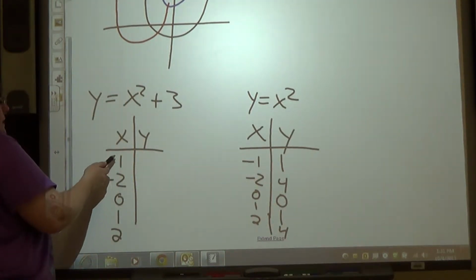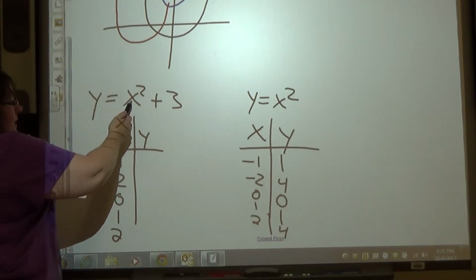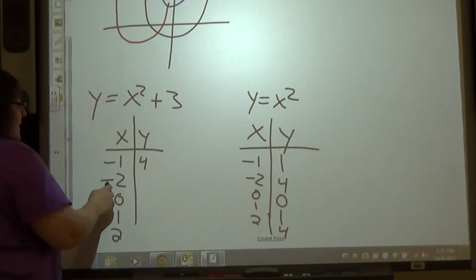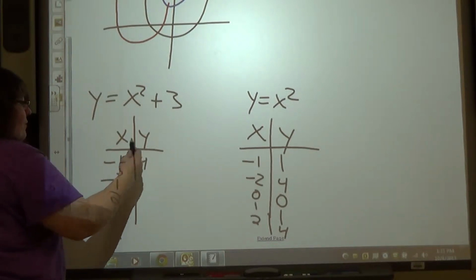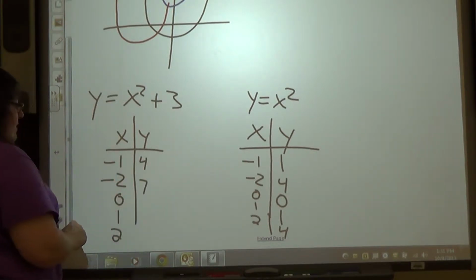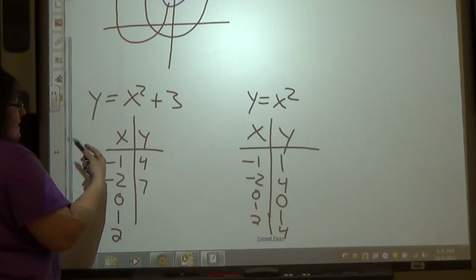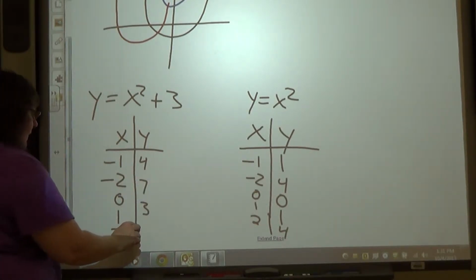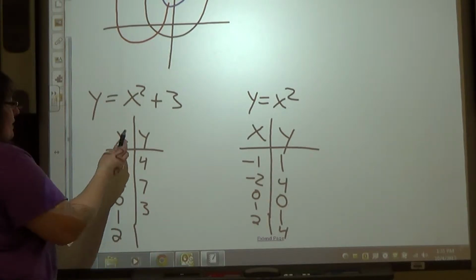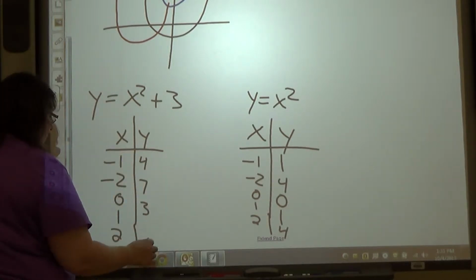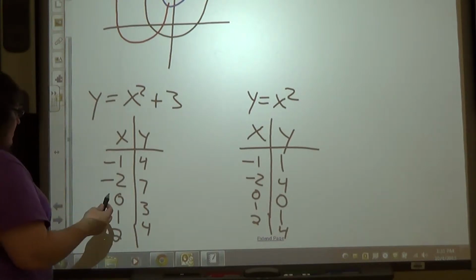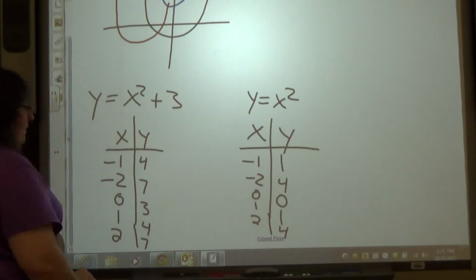Now, let's look at this one. -1 squared is 1, plus 3 is 4, okay? -2 squared is 4, plus 3 is 7. Okay? 0 squared is 0, plus 3 is 3. And then 1 squared plus 3 is 1 plus 3, which is 4. And 2 squared is 4, plus 3 is 7. Okay?